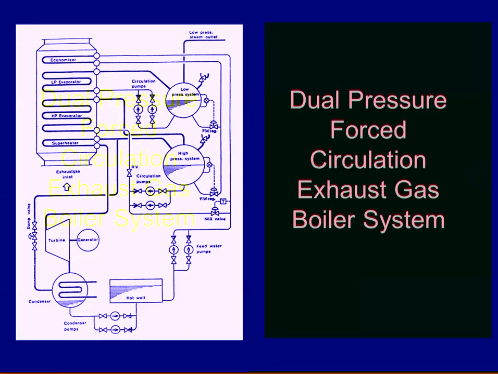On some systems where they want to pick up more heat, they will go to a dual pressure system. The dual pressure system has two saturation temperature pressure relationships because of the pressure difference. So I have a low pressure drum and a high pressure drum.